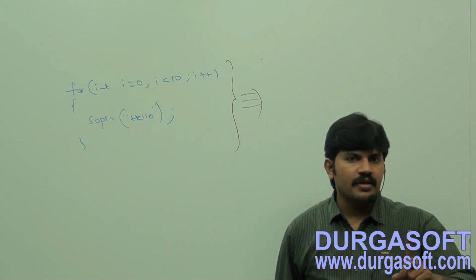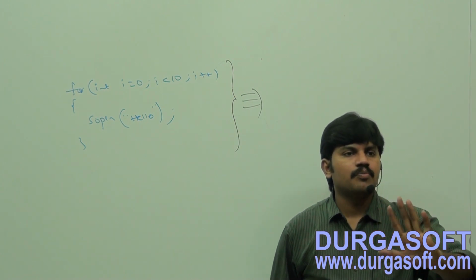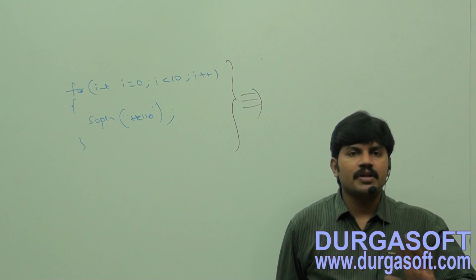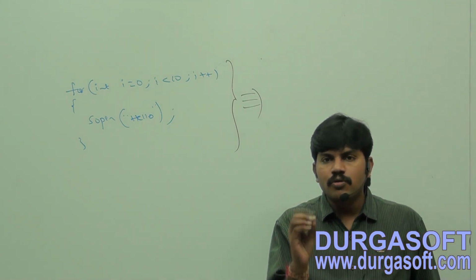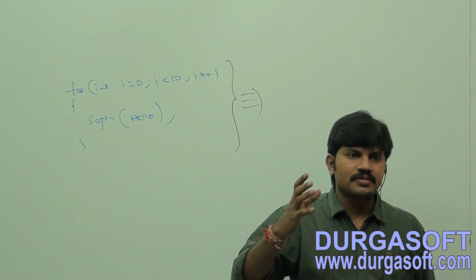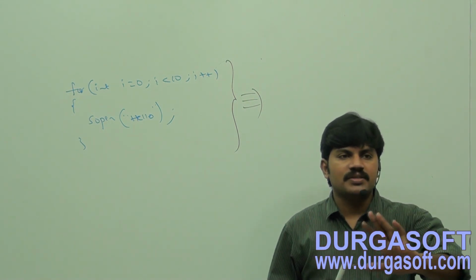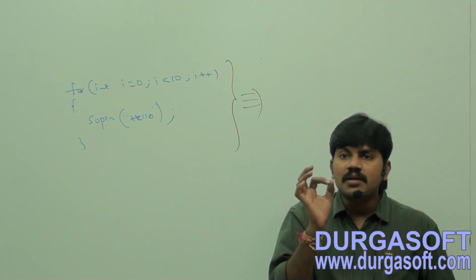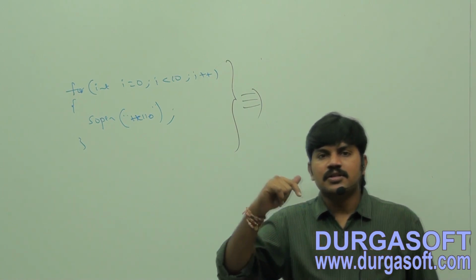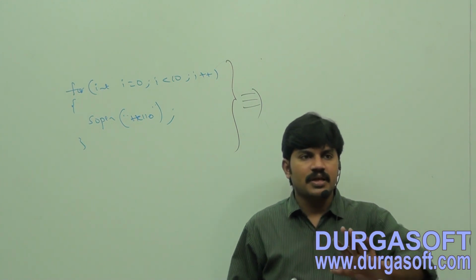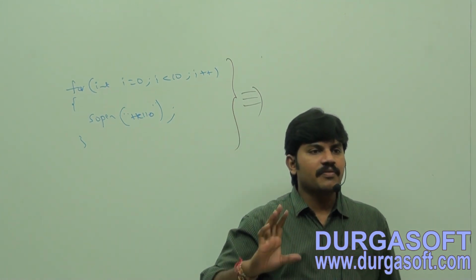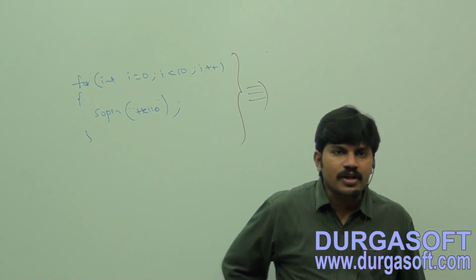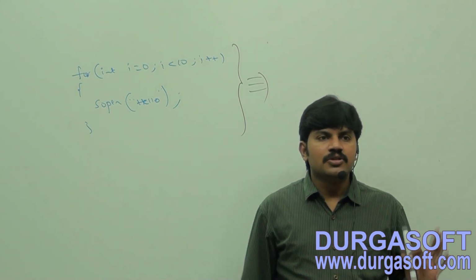How can we write an equivalent for each loop directly for this? Simple, sir, not possible. We can't write a direct for each loop for this. What is the reason? For each loop is the best choice for retrieving elements of arrays and collections. But its limitation is, it is applicable only for arrays and collections. Sir, I am not having an array, I am not having a collection. Can I use for each loop? No chance at all. So are you getting?